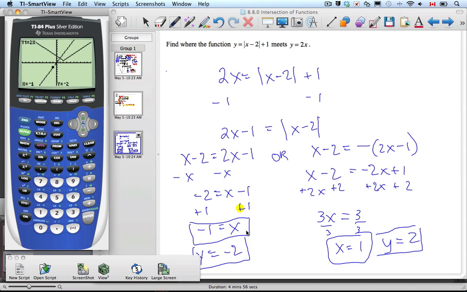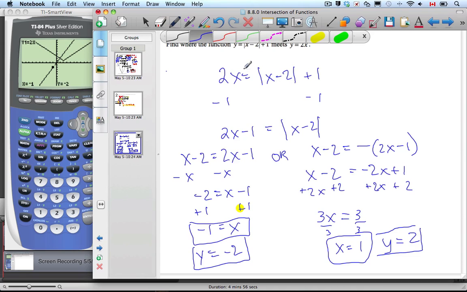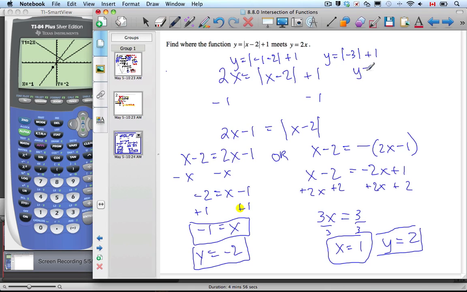So if we take x equals negative 1 and plug it into our other equation, we have y equals the absolute value of negative 1 minus 2, plus 1. We get the absolute value of negative 3 plus 1, which is 3 plus 1, which is 4.